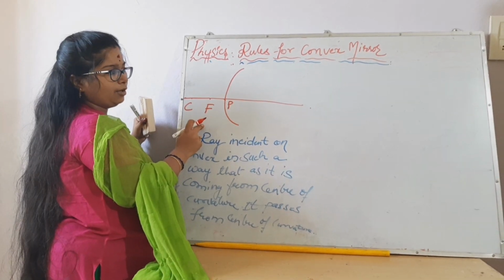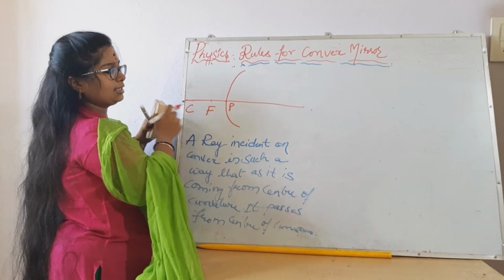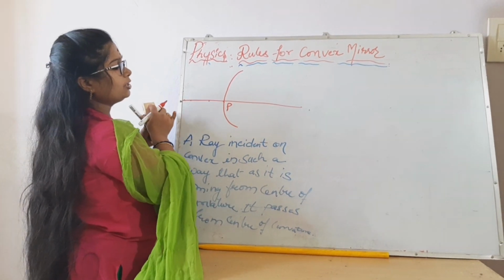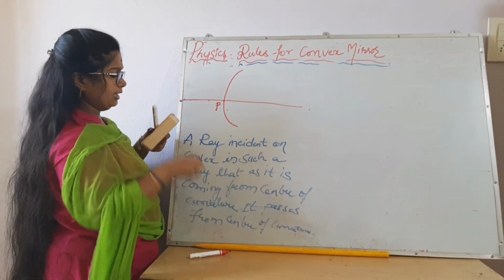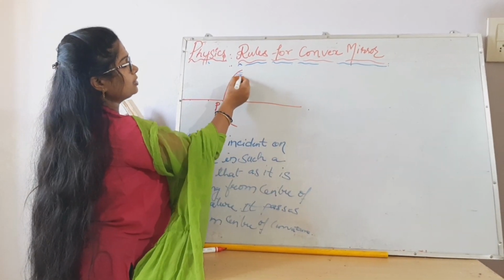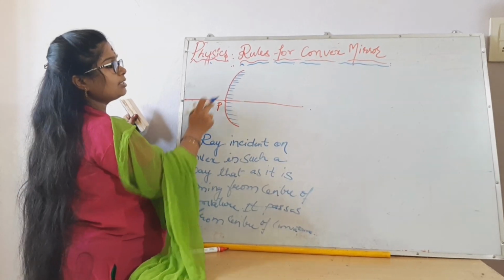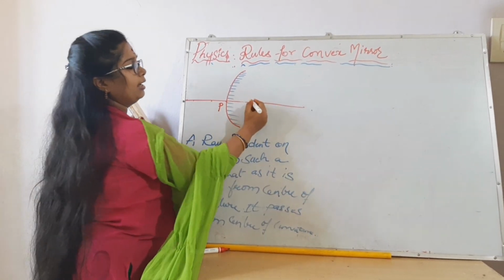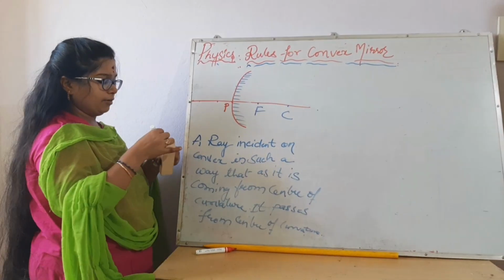Is this correct for the concave? Yes, correct for the concave. For the convex, it is wrong. It should be like this: this will be your mirror, isn't it? If you don't draw this, you will get confused. This will be your reflecting side. And here will be the focus. Here will be the center of curvature.